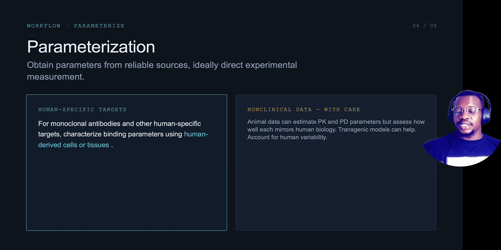There's no way you're taking live tissues or cells from rodents and then, right? You get the point. Then for non-clinical data where you have animal data, you can estimate pharmacokinetic and pharmacodynamic parameters, but you also assess how well each mirrors human biology. I don't know about pigs, I don't know about rodents. Yeah, somewhere in there.